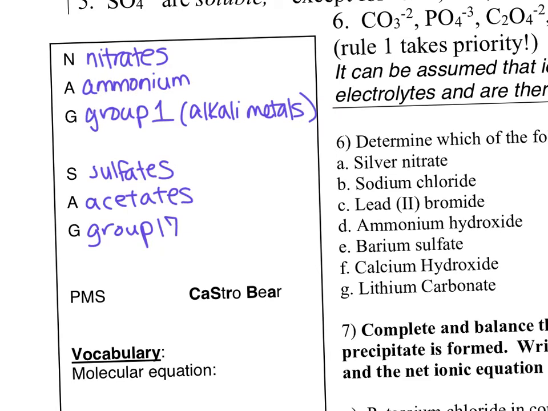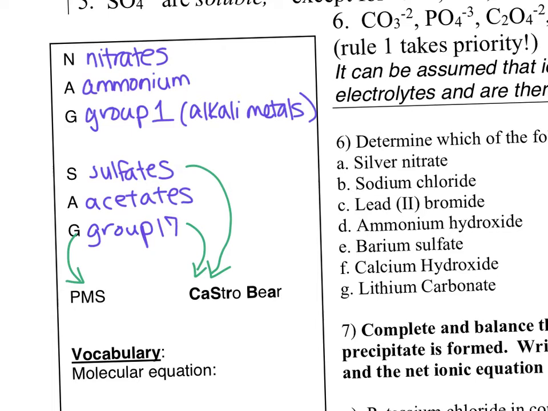We have two little additional rules here: the PMS rule and Castro-Bear. PMS affects group 17. Castro-Bear affects sulfates. Acetates are always soluble.